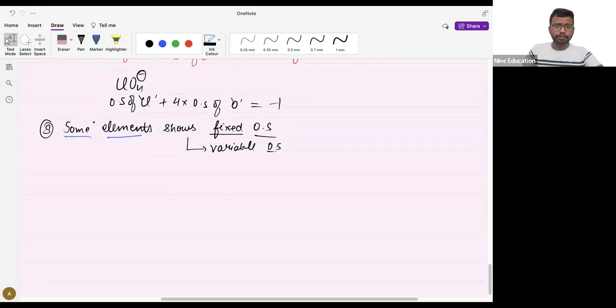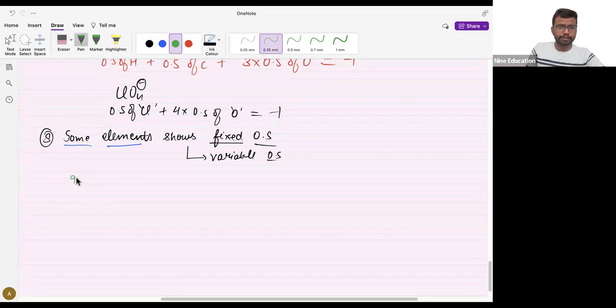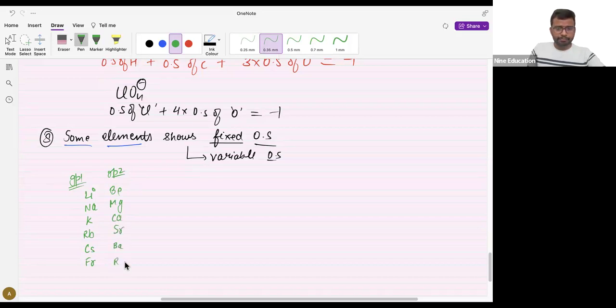Let's say we have an example, you all know. If I write here group number 1, you all know we have lithium, sodium, and so on. And in group number 2 we have beryllium, magnesium, strontium, barium and radium.